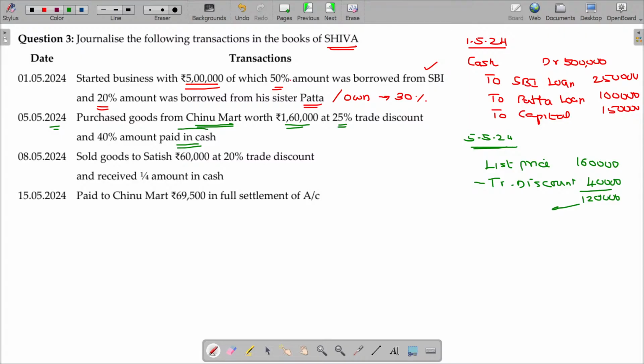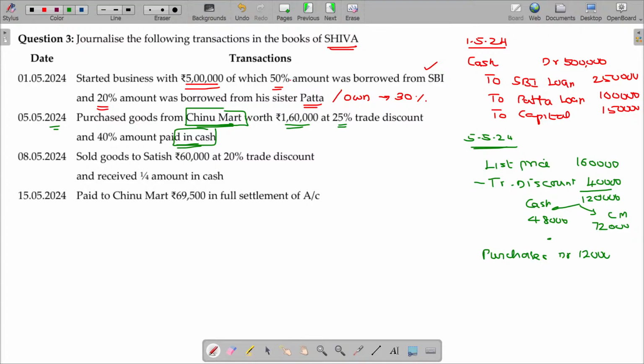Out of that, 40% in the form of cash, 48,000 being cash. Balance, we assume it may be in credit. As the name is given, we can use the name here, Chinnu Mart. Balance, how much? 72,000. Clear? So the journal entry being purchases account debit.